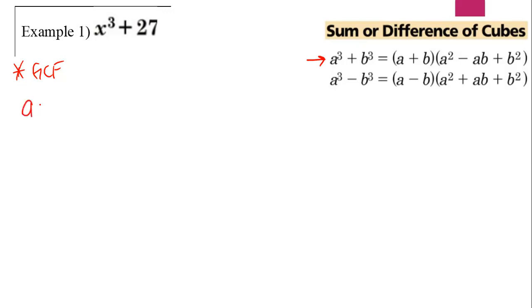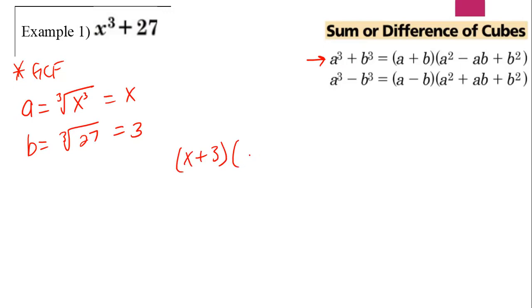So I'm going to find my A. A equals the cube root of x cubed, which is x. B equals the cube root of 27, which equals 3. Now I have my A and my B, so I'm just going to substitute them in. So we have x plus 3 times x squared minus x times 3 plus 3 squared.